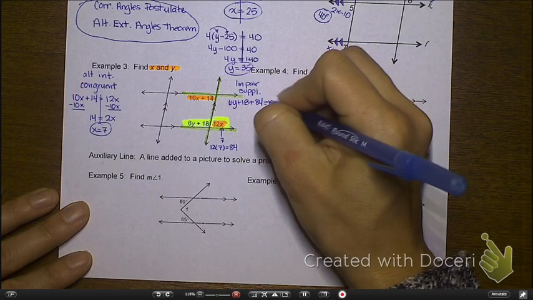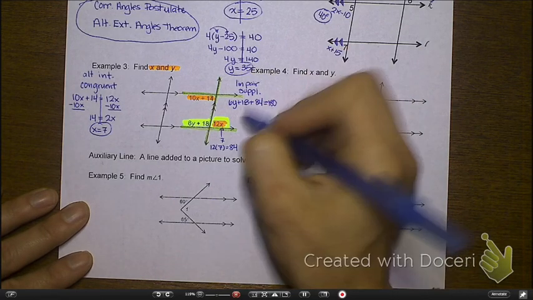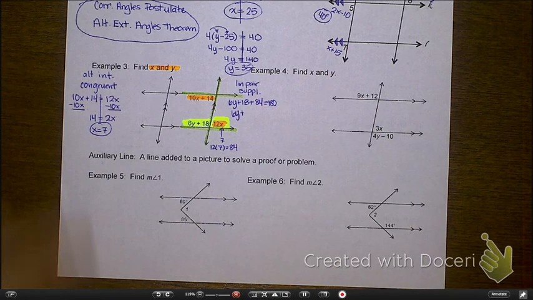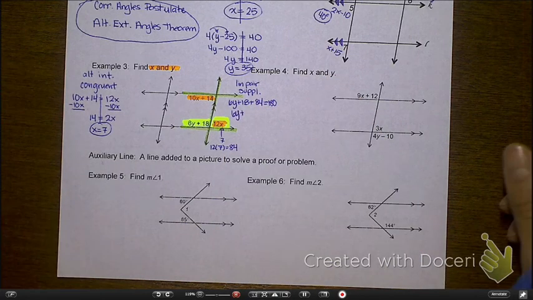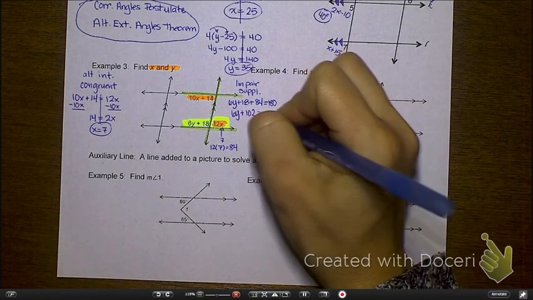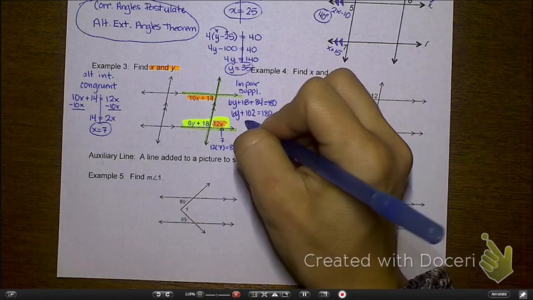Now let's solve that, okay? So, we're going to go ahead and get 6y plus what? 102. Okay, now let's subtract.